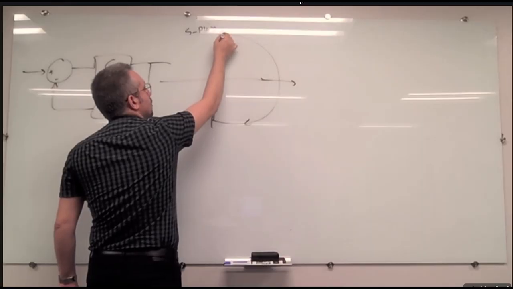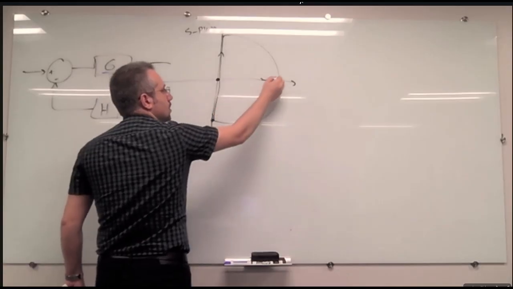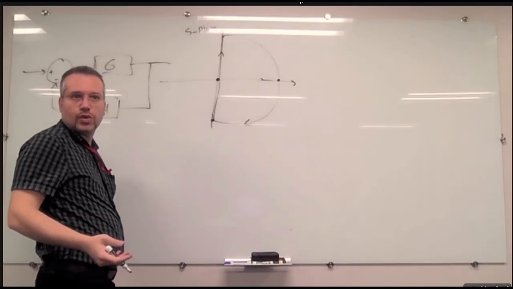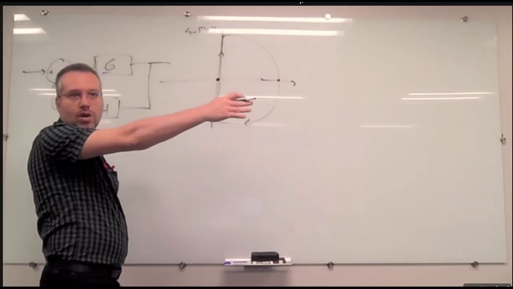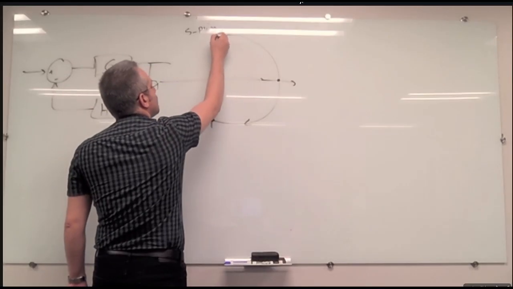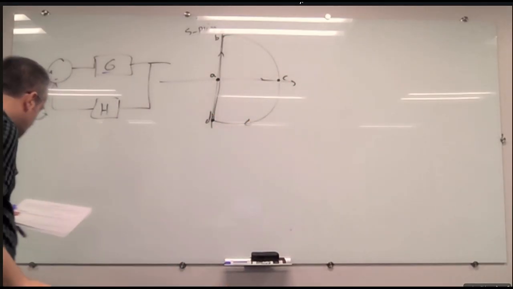One is here, one is here, and one is here. These are the critical points. If we can understand what happens to those points, we can estimate the mapped contour on the T domain. So we are going to call them A, B, C, and D.